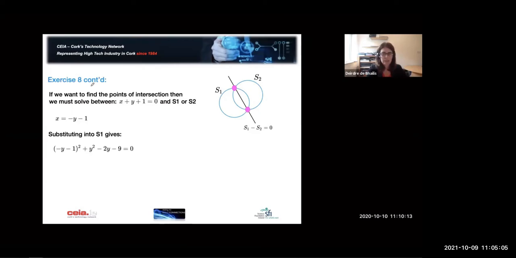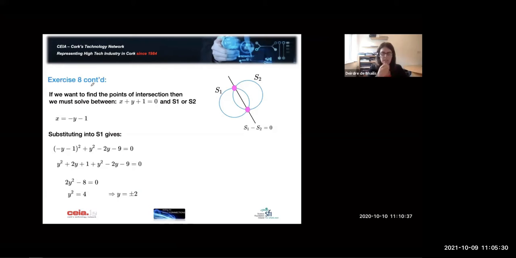So minus y minus 1 squared plus y squared minus 2y minus 9 equals 0. Multiplying that out gives me that, and it tidies up to 2y squared minus 8. We'll get y squared is equal to 4.